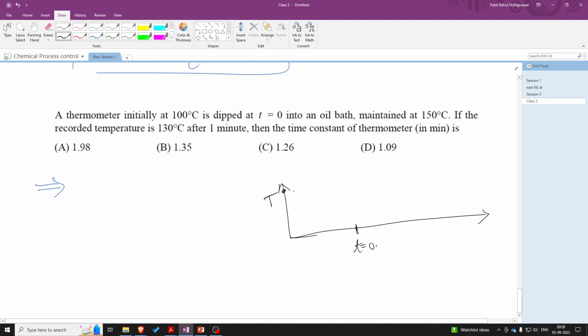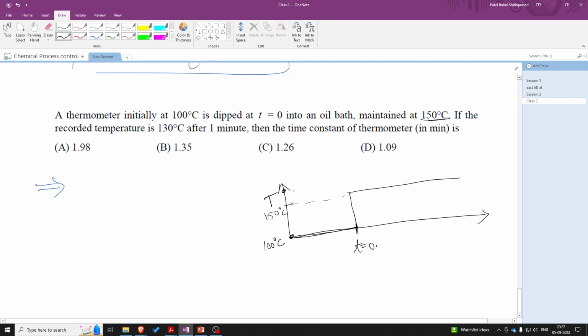So let's just call this 100 degrees Celsius. Then at time t equal to 0, it is dipped into an oil bath maintained at 150 degrees Celsius. So this is 150 degrees Celsius.